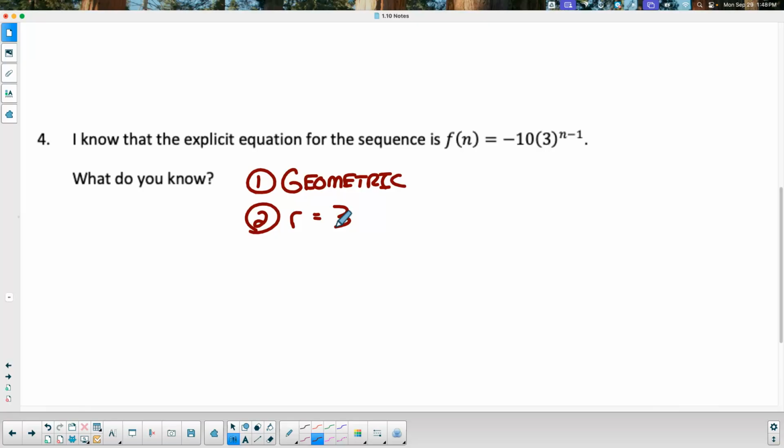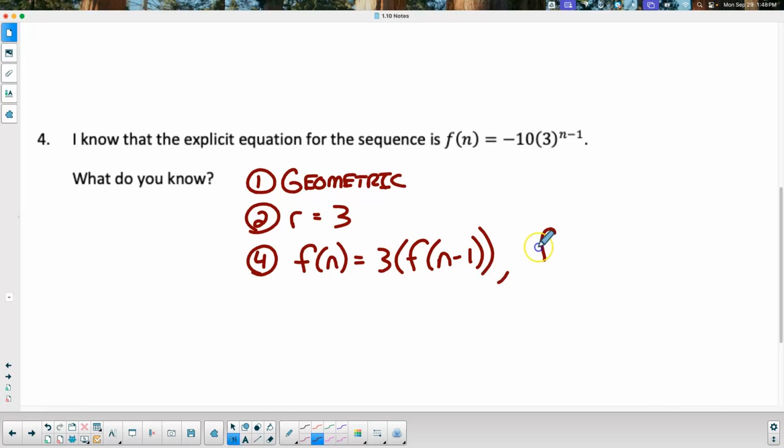Okay, we got the explicit, so then we got the recursive. What's my first term? -10. Love it.